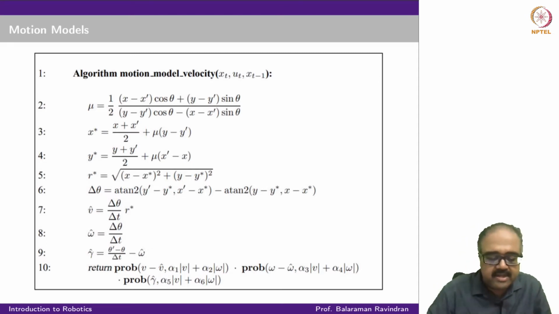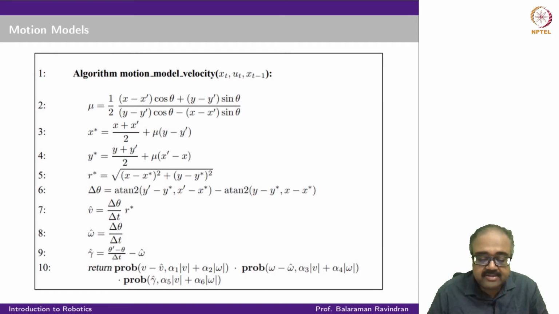Solving this equation, I get mu given by this expression, so I compute mu first and then plug that in here to find x star and y star. The distance from x star y star when I start, or when I end, you could use either one, should give me the radius of the circle that I am traversing.